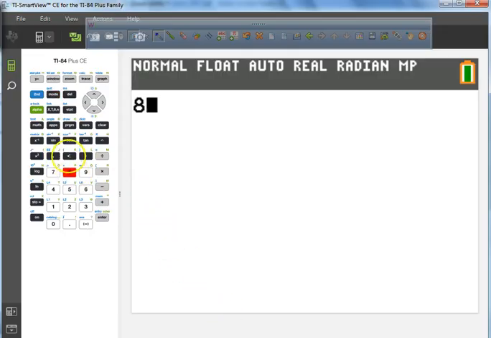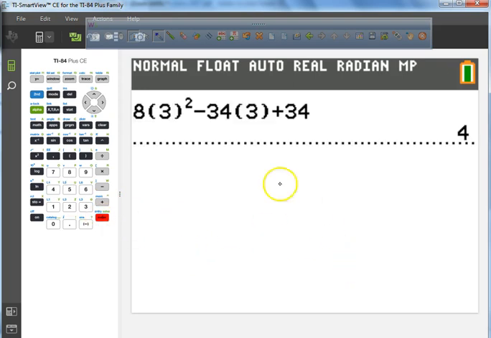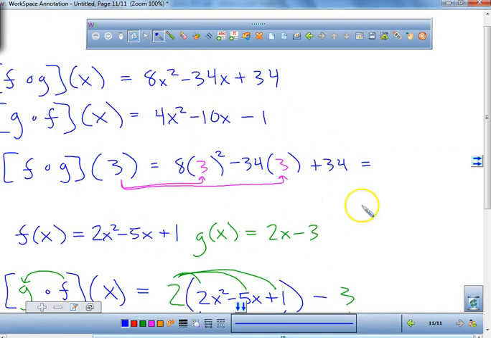You just do an 8, you open up a parentheses, you plug in a 3, and then what do you do to that 3? You square it. And then you say minus 34, open parentheses, you plug in a 3, and then what do we add at the end? We add a 34 at the end. And voila. You get your answer, 4.